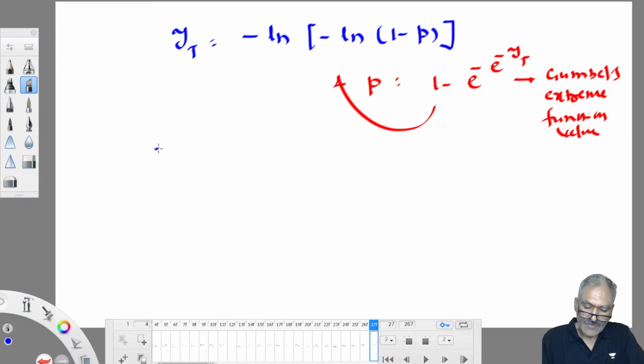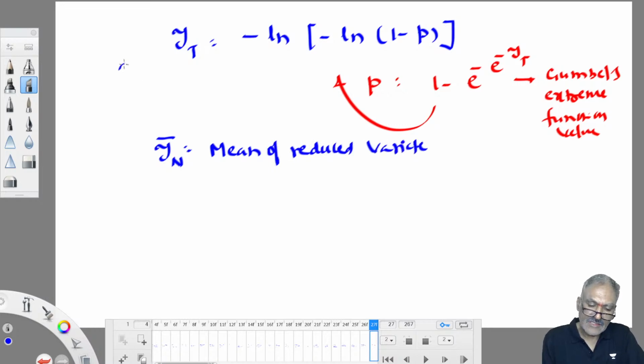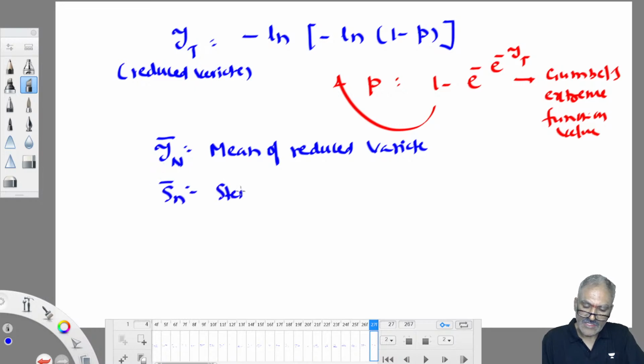The YN bar is called the mean of the reduced variate, and SN bar is the standard deviation of the reduced variate.